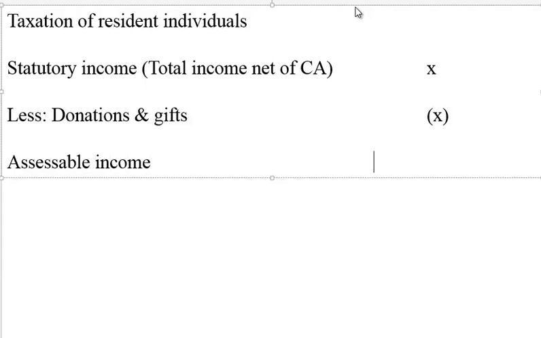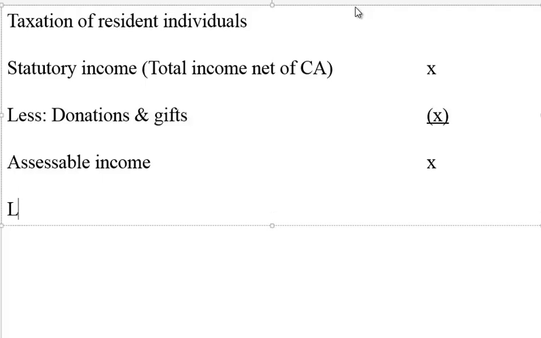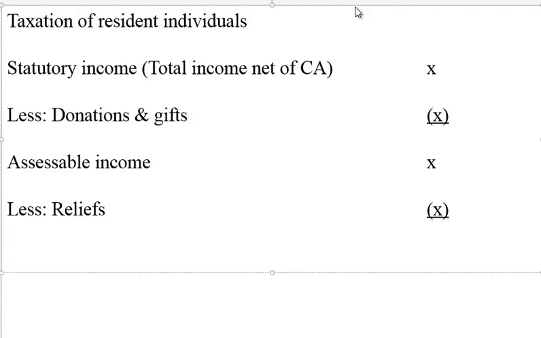Similarly, from your assessable income, we will deduct our reliefs, personal reliefs. There are many reliefs we will do later on. Once you have deducted your reliefs, the final income left is your chargeable income. It means you will apply the tax on this income, chargeable income.